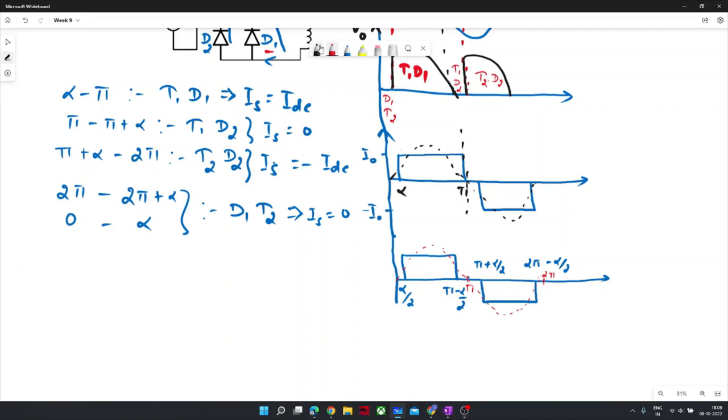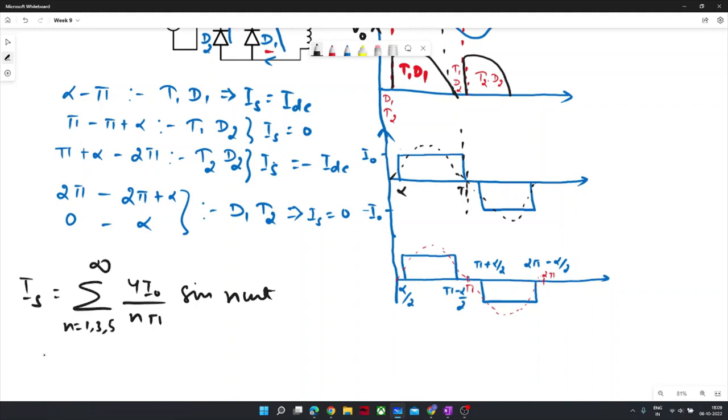Earlier its expression was Is equal to summation 1, 3, 5 to infinity of 4 I naught by n pi sine n omega t.